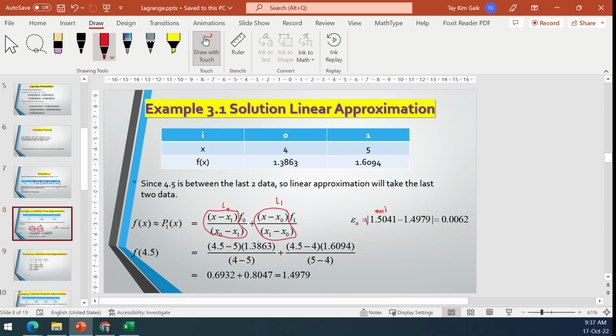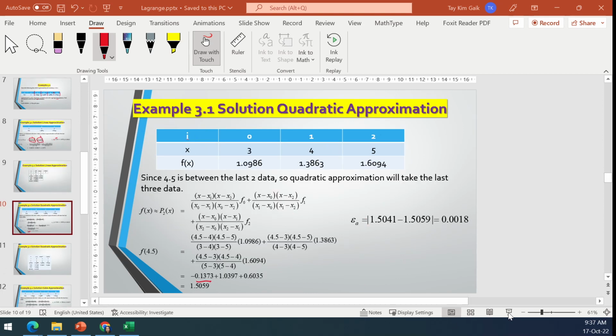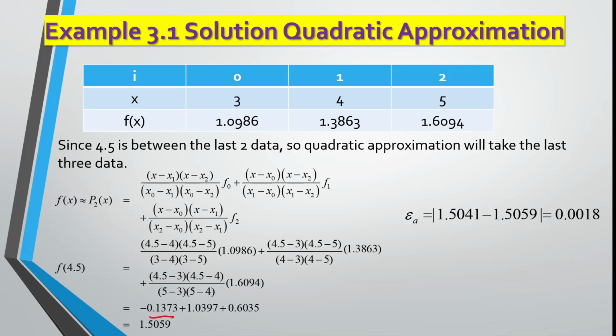So any questions here? If quadratic, if you calculate manually for quadratic approximation, 4.5 is between 4 and 5. So for quadratic, we'll take the last three data, 3, 4, 5. So this is the data.